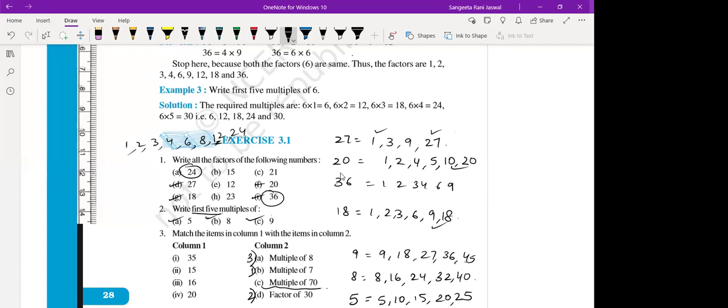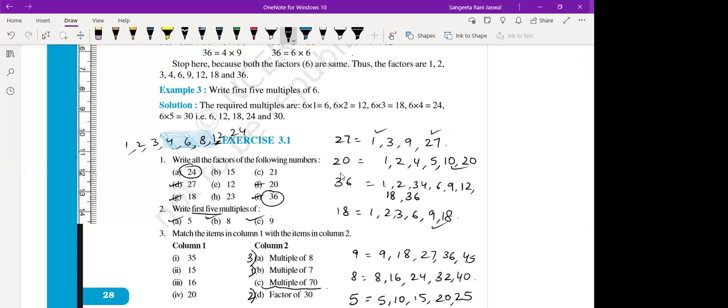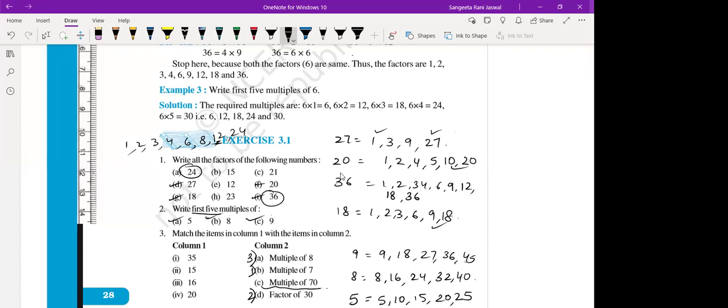Then 18, and 36. Any more factors? Are these all done? Is there anything missing? Any factor is missing? No, ma'am. Okay. So you all know how to make the factors now?